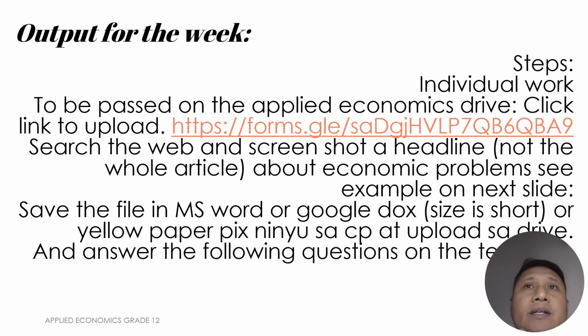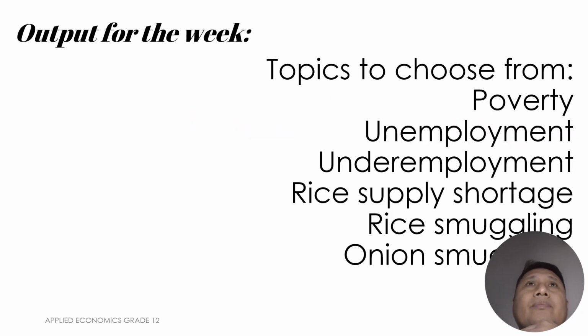Short size ng MS Word or pwedeng yellow paper tapos fix nyo lang para madali. Upload nyo nun yung picture. Okay. Don't forget yung file ay kailangan may pangalan and section. Okay? And you can choose from any topic. Okay? So, maghanap ka ng article online, is-screenshot nyo.